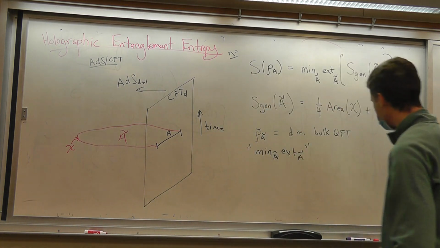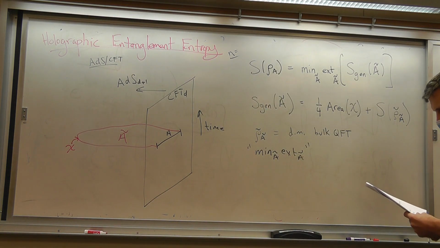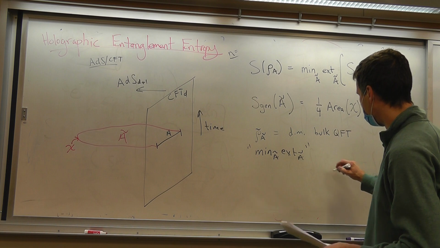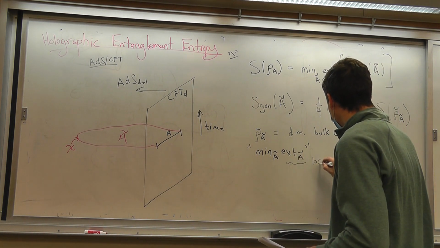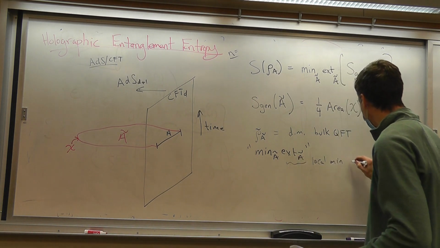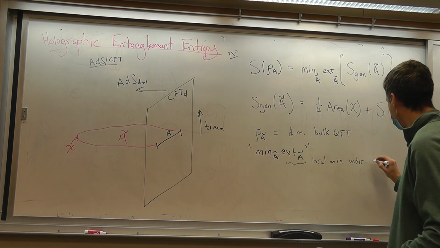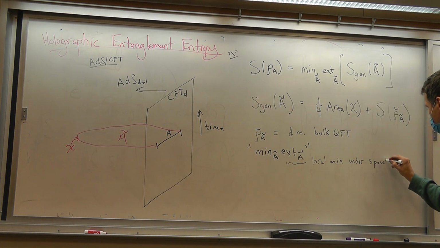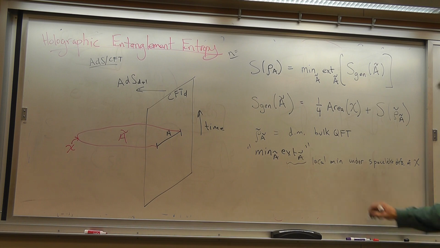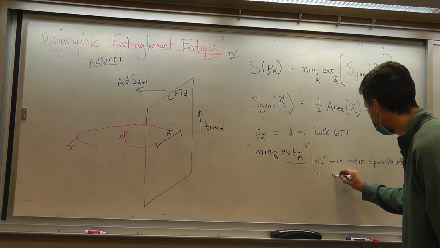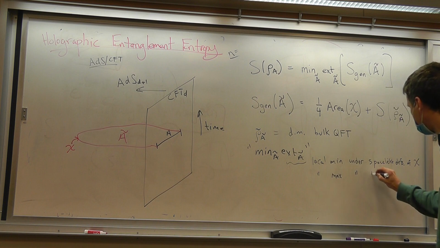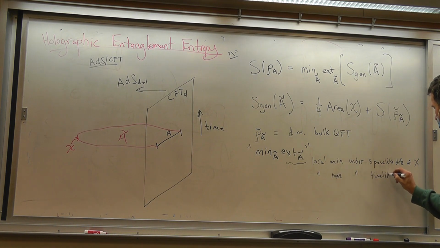Okay, so another way I can say this is that we take a local min under space-like deformations of chi and a local max under time-like deformations of chi.